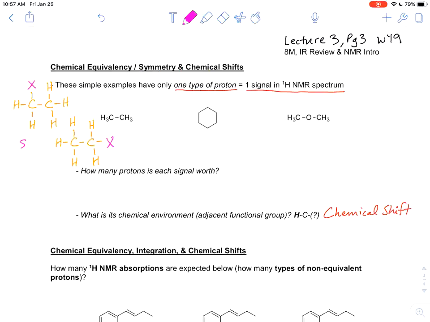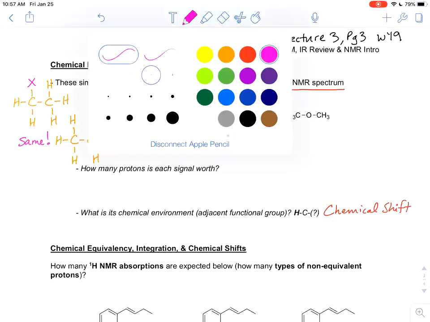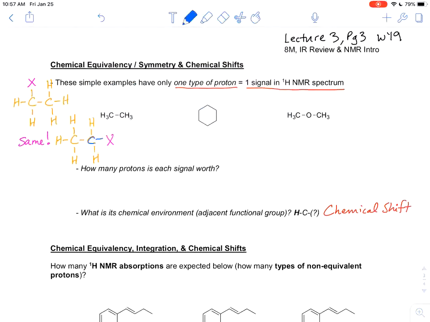And in this case, they are the same. You notice that the X group is attached to a carbon, which has 2 hydrogens, and that carbon is attached to another carbon, which has 3 hydrogens. So again, the X group is attached to a carbon, which is attached to another carbon, which has 3 hydrogens. So small molecule, but that's the way you do it.